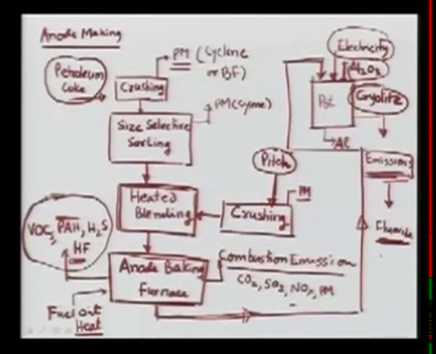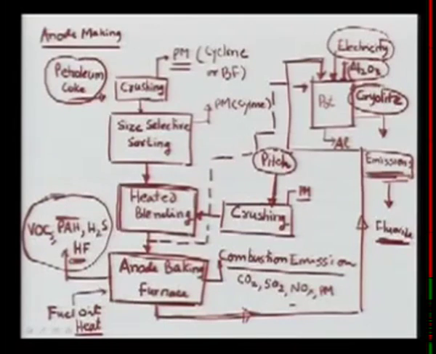So having said that you need an anode baking plant, some of the technologies don't do the anode baking here. If I can show you, let's make this line a dash. They don't do the anode baking, but they use the paste, and this paste is put in the pot.